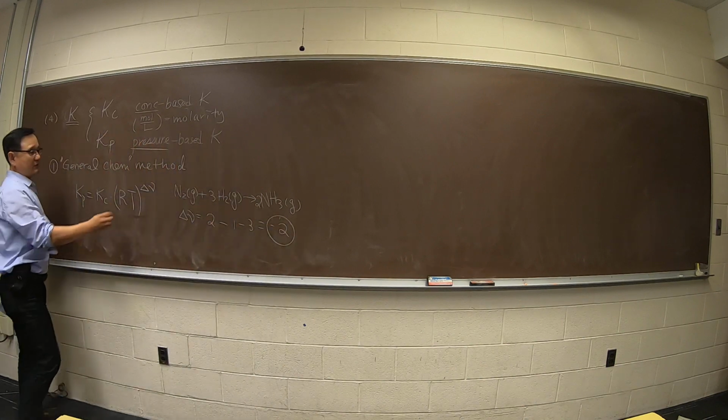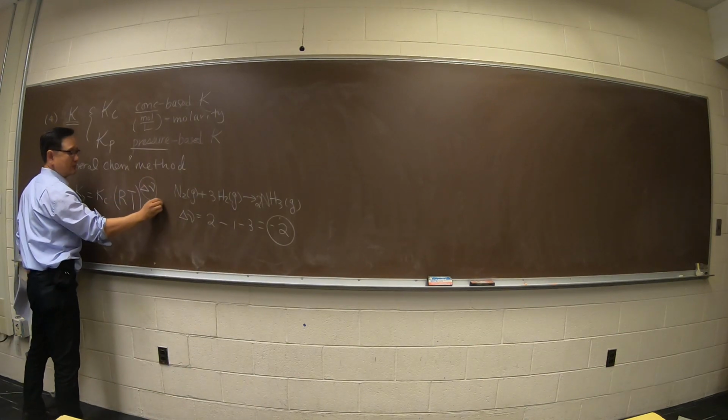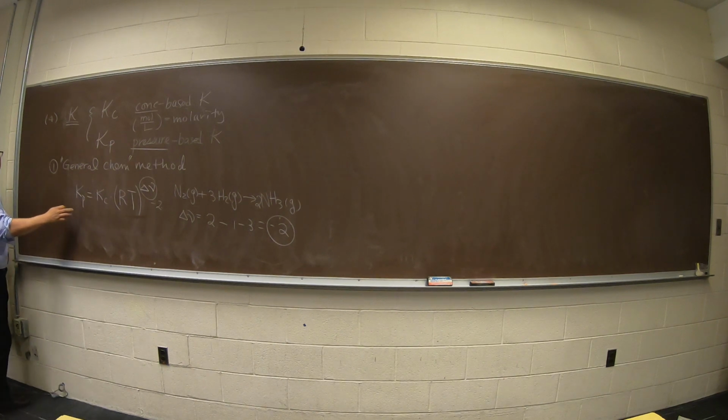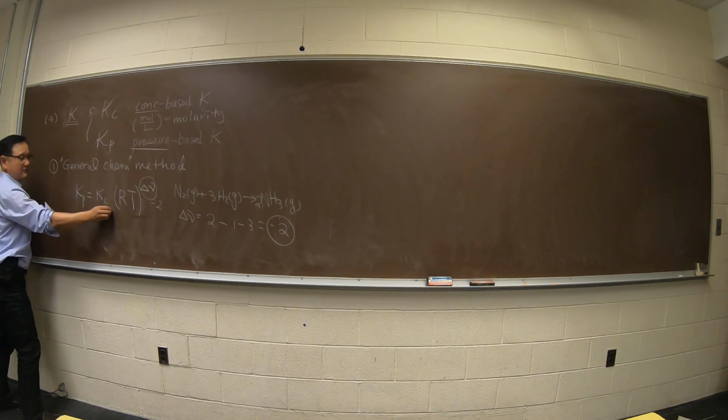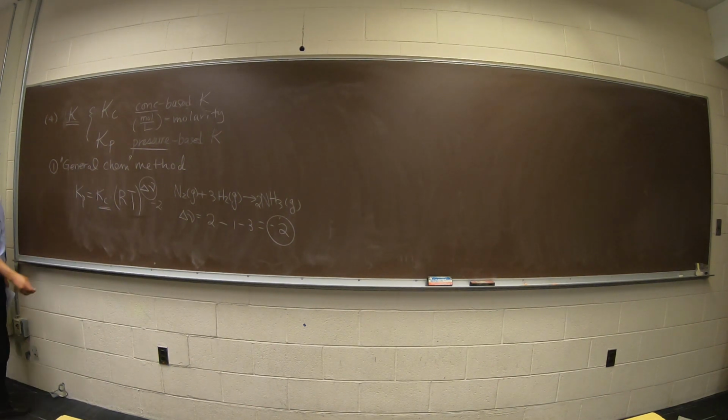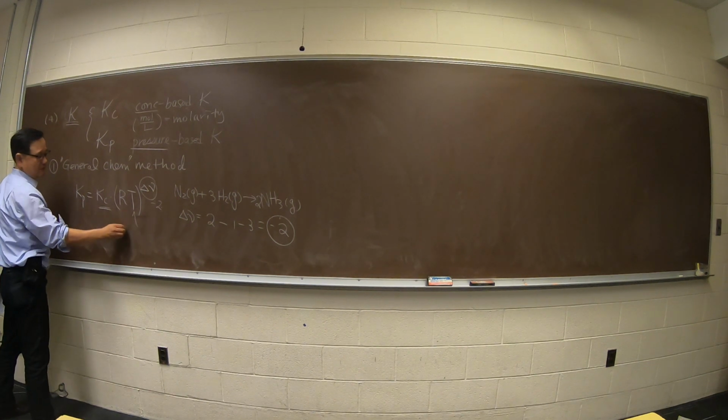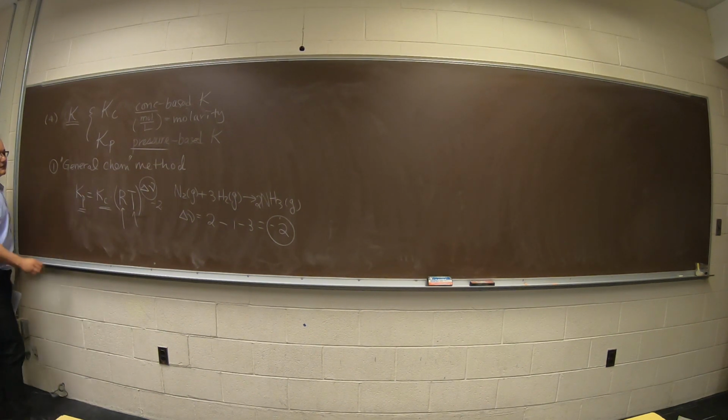So you put minus 2 here, and somebody gives you the Kc as a constant, and then you put the temperature and the R, so that's this Kp, the pressure-based equilibrium constant.